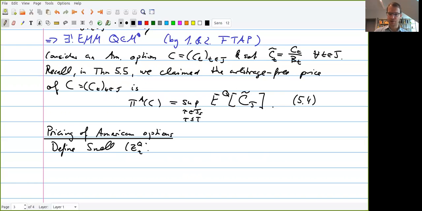And I want to emphasize that here we have the optimization problem with respect to our equivalent martingale measure Q. So let me also indicate this in the notation. It should be the Snell envelope of the discounted payoff of the American option, Z tilde, with respect to Q.